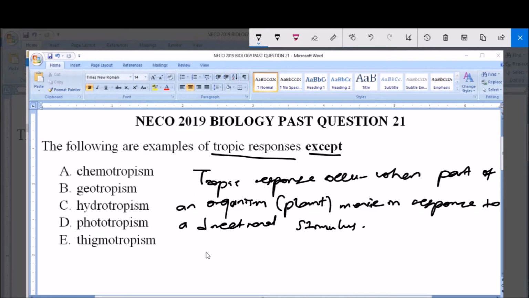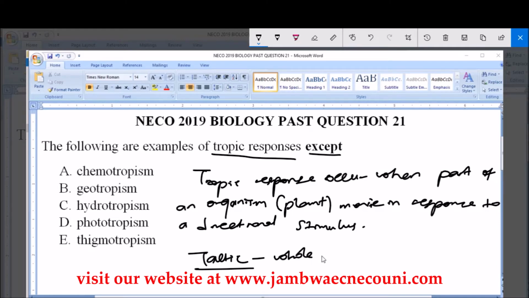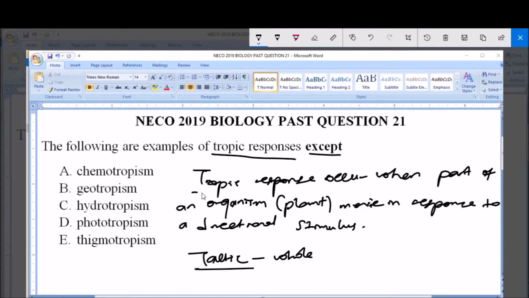Unlike the taxis response, or the tactic response, where the whole organism moves in response to a directional stimulus, for a tropic response, which mostly occurs in plants, just parts of the organism, or part of the plant, move in response to this directional stimulus.